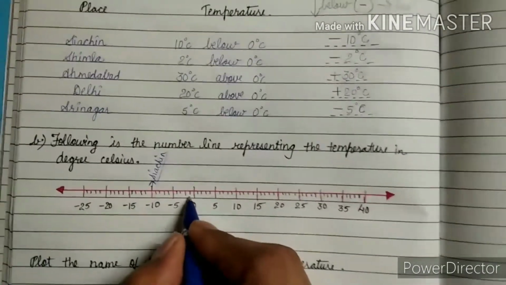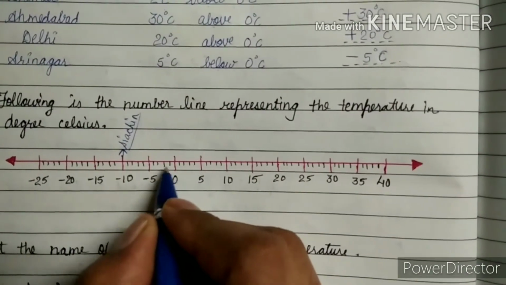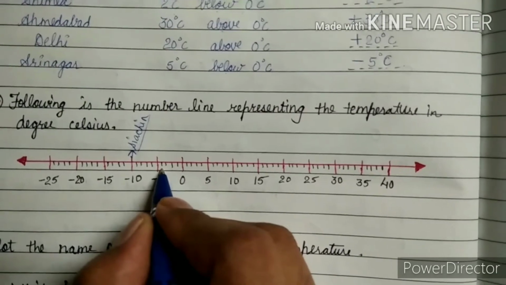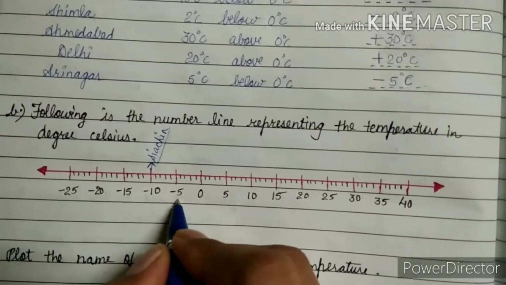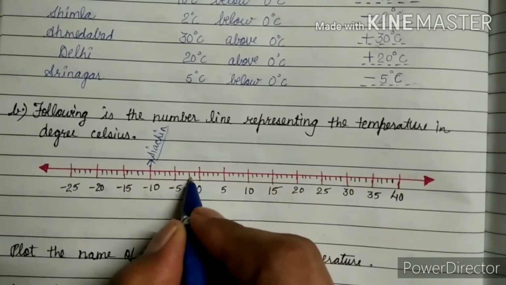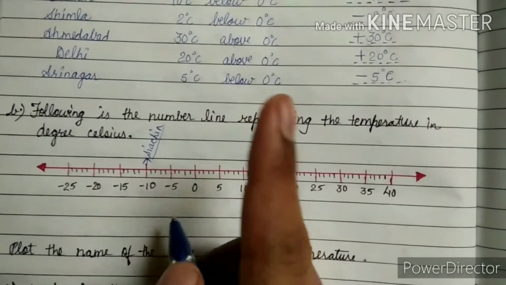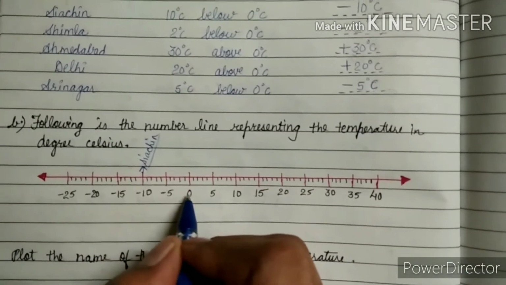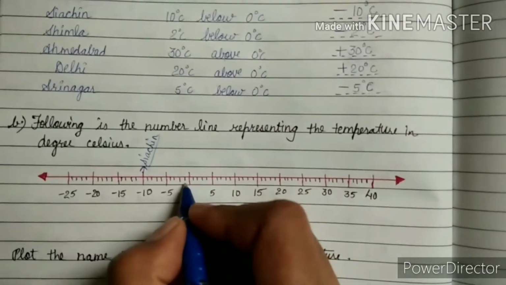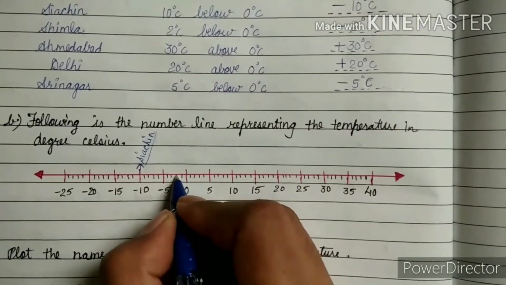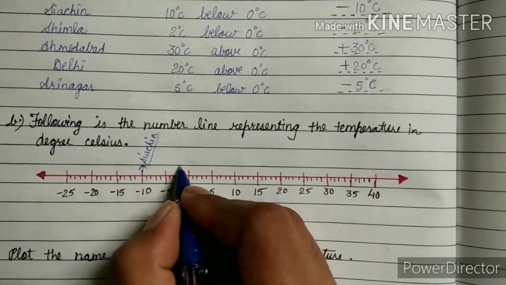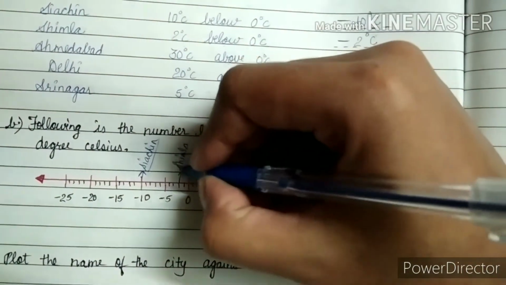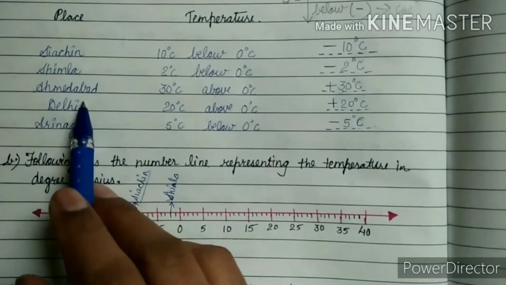So this is negative 1, this is negative 2, this is negative 3, this is negative 4, and this one will become negative 5. It means each small black line is showing 1 degree Celsius. We are going in the negative, that's why the left-hand side of 0 is showing negative 1, negative 2. It means here is Shimla. This is Shimla.